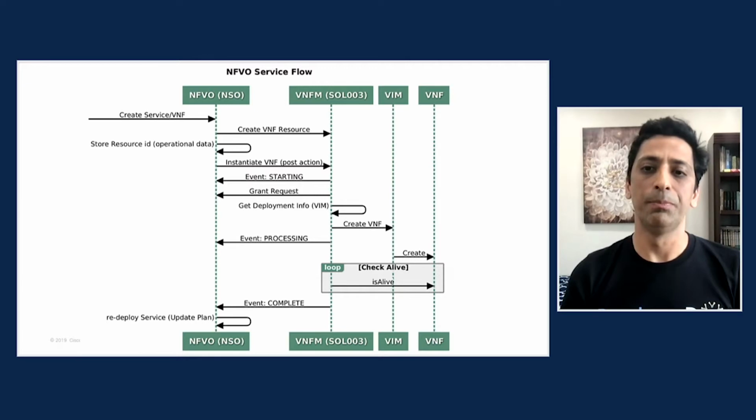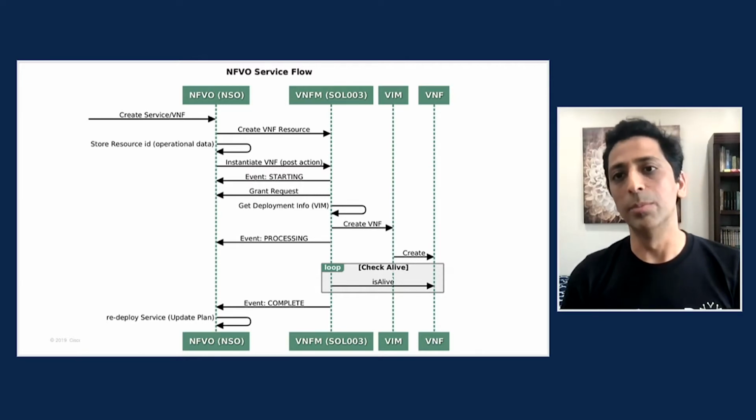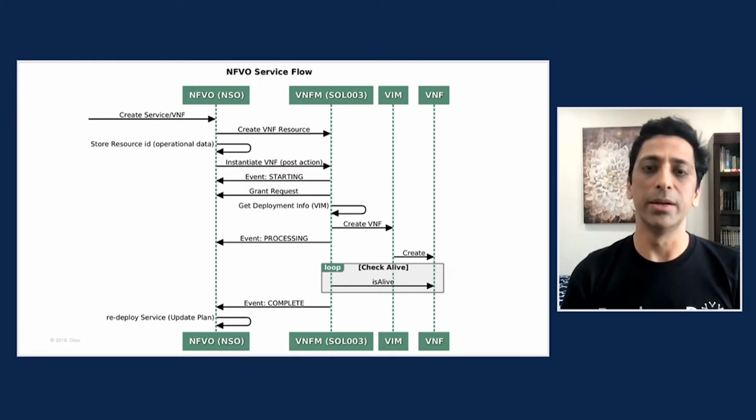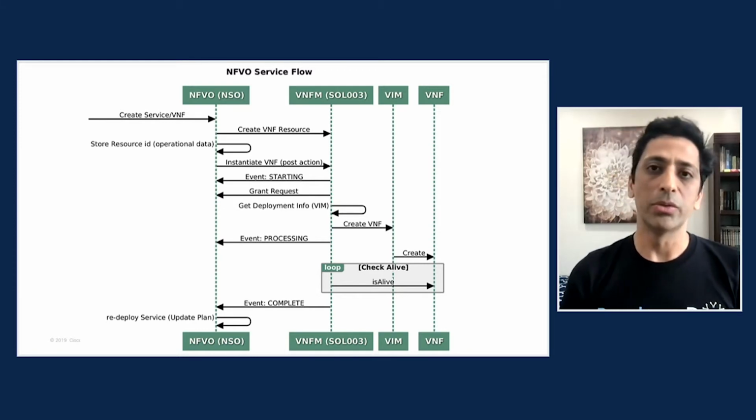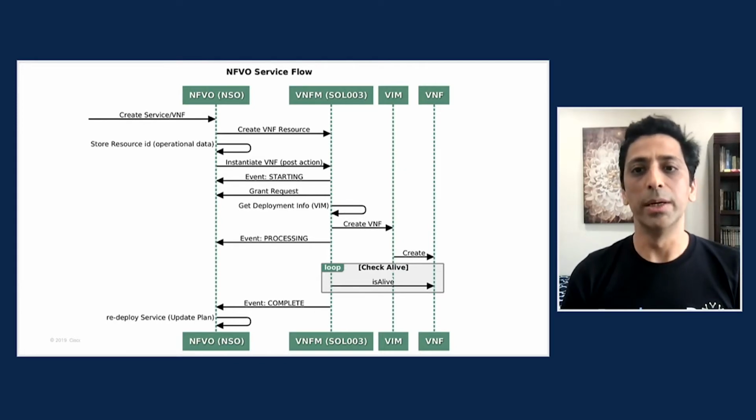When NFVO responds back with the placement decision, the VNFM would kickstart creation of the VNF on the desired VIM. Behind the scenes, the VIM would start working to actually bring the VNF up on the desired host. In parallel, the VNFM would kickstart the keep alive check. Essentially, it's trying to see when the VNF has booted and can be pinged. There can be other possible checks as well.